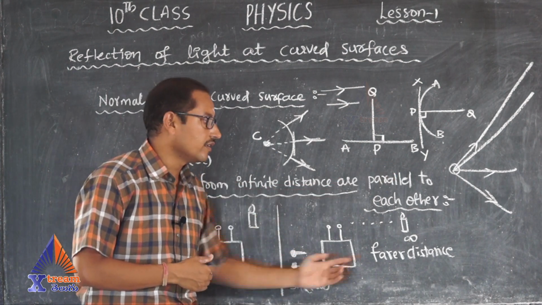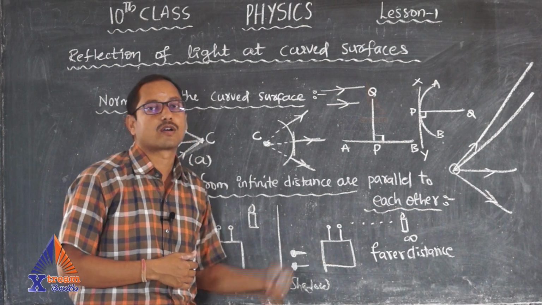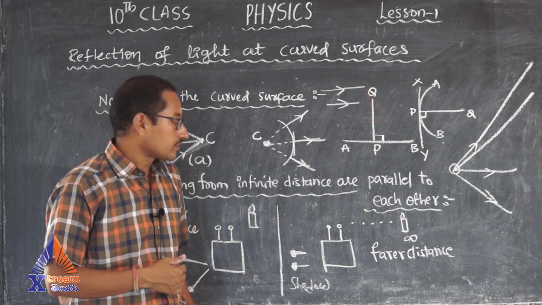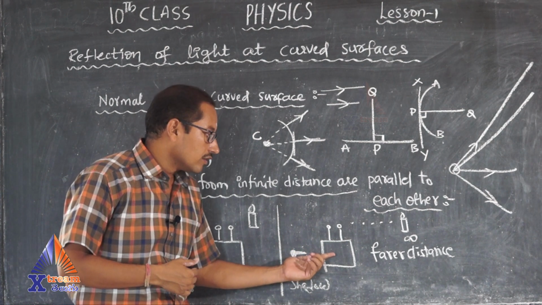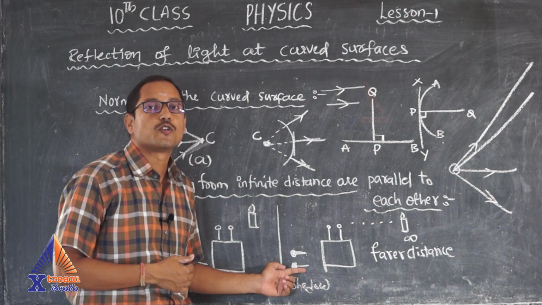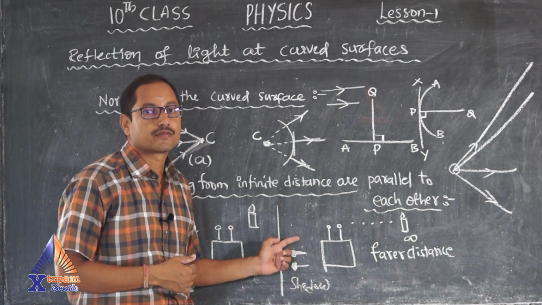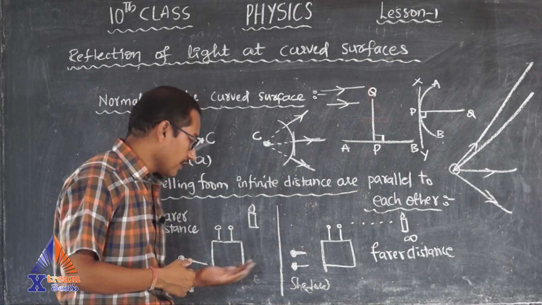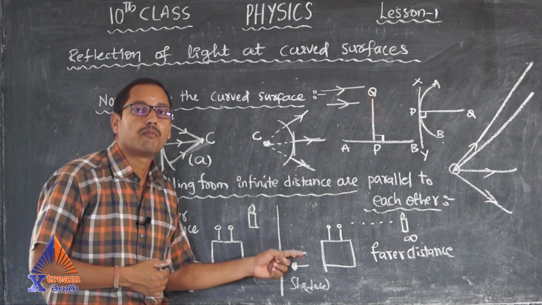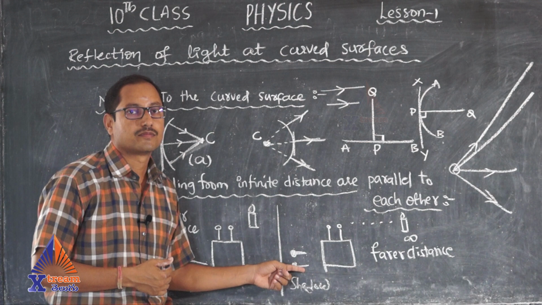So I have taken a farther distance from the block. Then what happens is, the shadow of the nails are observed to be parallel to each other. Earlier case, they were diverging. In this case, they are parallel to each other.